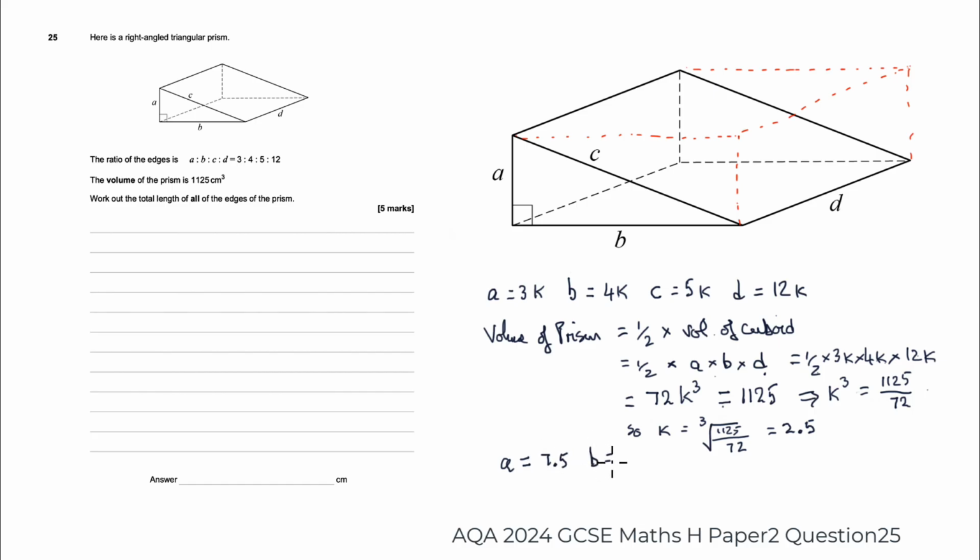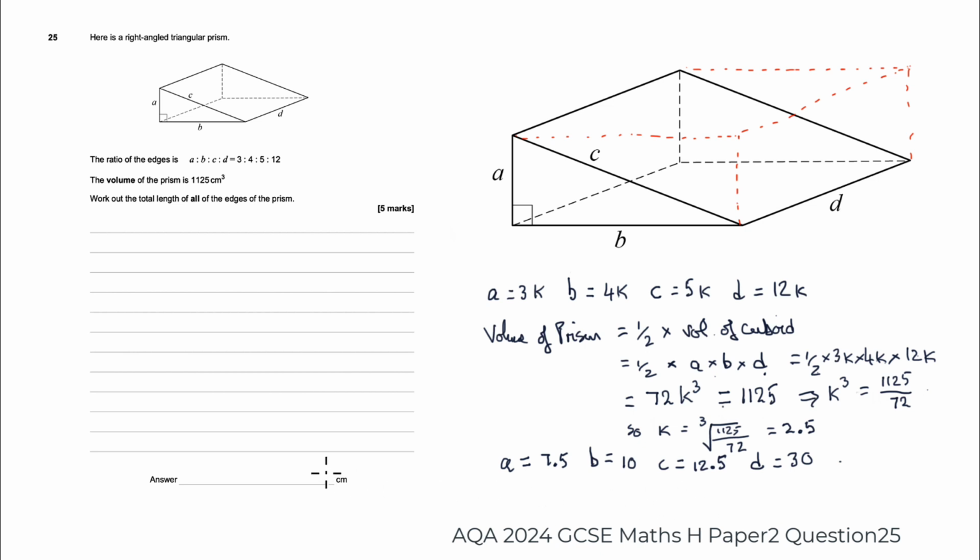B is 4 times 2.5, that's 10. C is equal to 5 times this, that's 12.5. And D is 12 times this, that's 30.